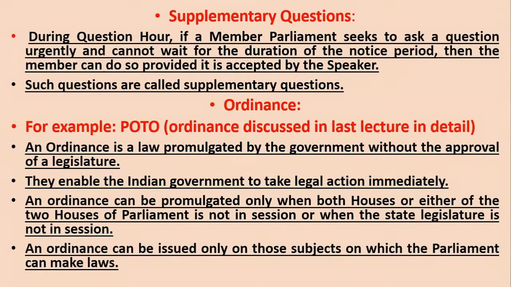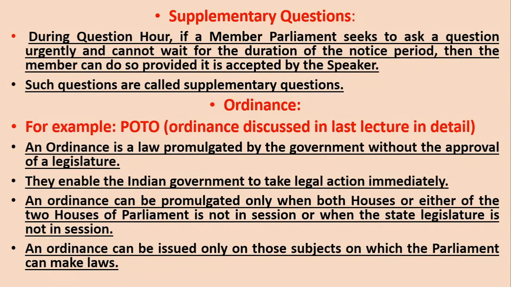The next term is ordinance. While taking the PK testing, I discussed with you the example of POTO, that is Prevention of Terrorist Ordinance. When it was passed, it was an ordinance, and later on it was approved by Parliament and it became an act.